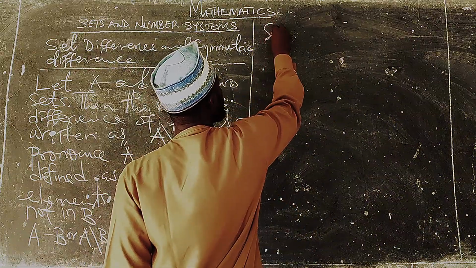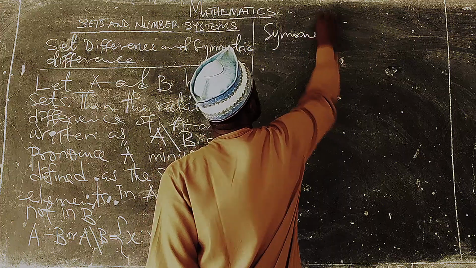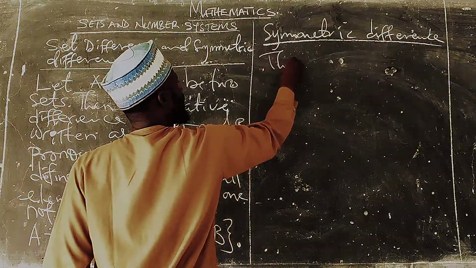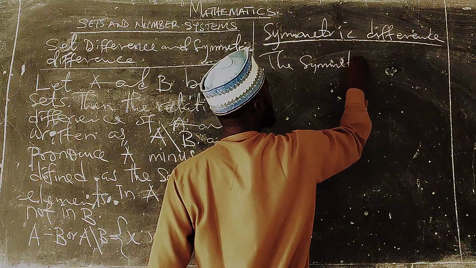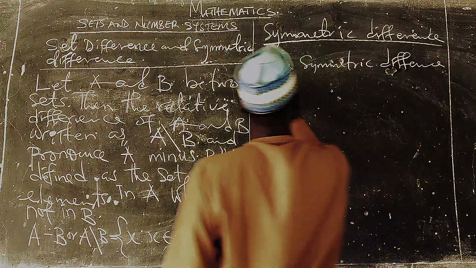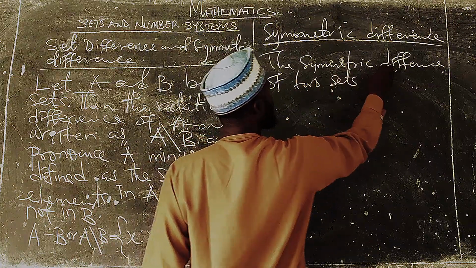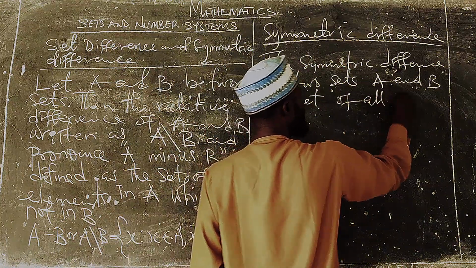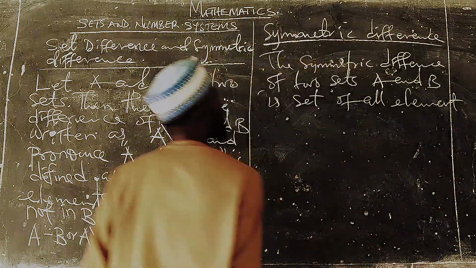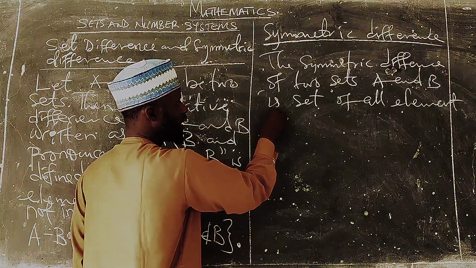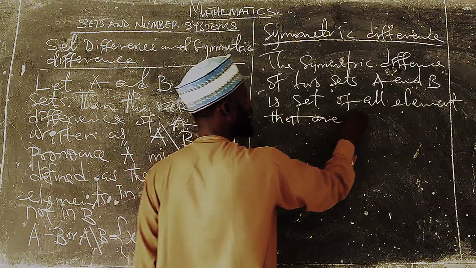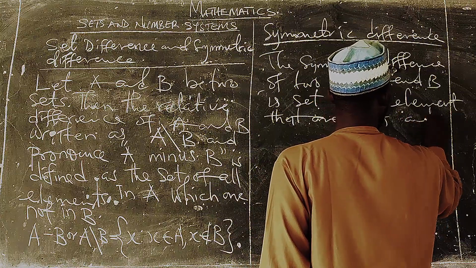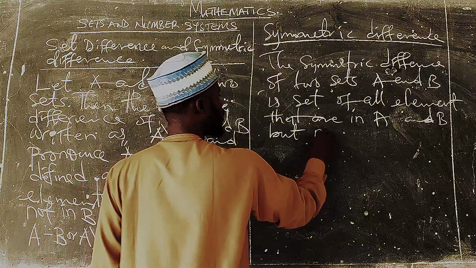So now the symmetric difference. The symmetric difference of two sets, A and B, is the set of all elements that are in A and B, but not both.